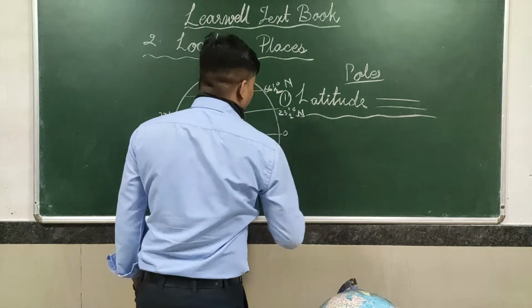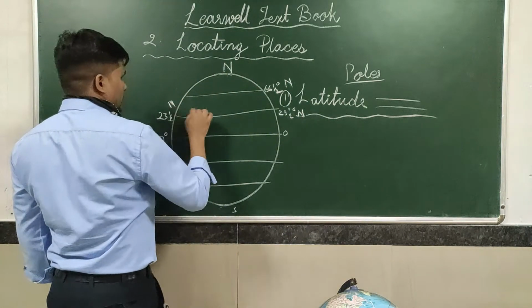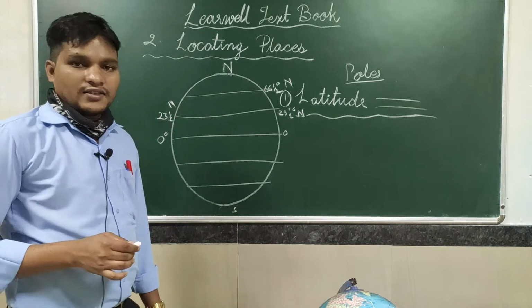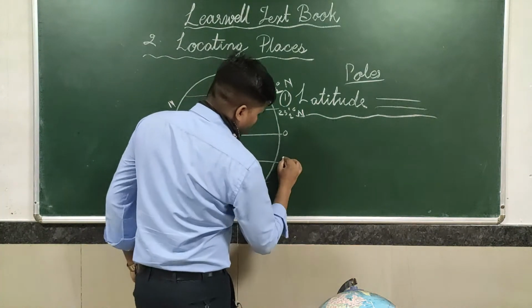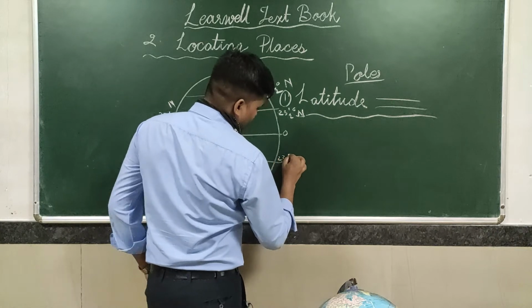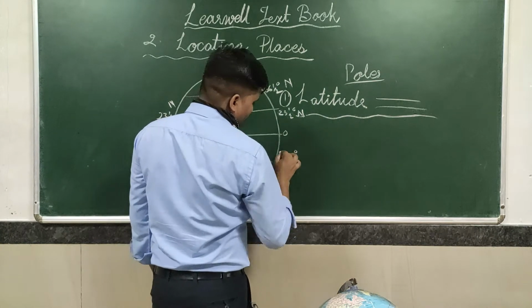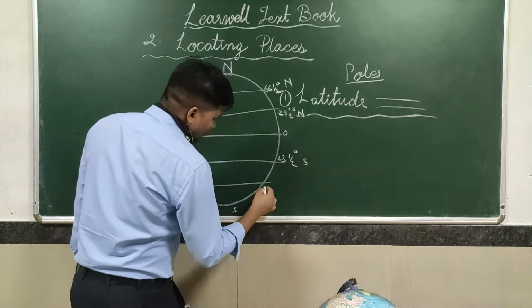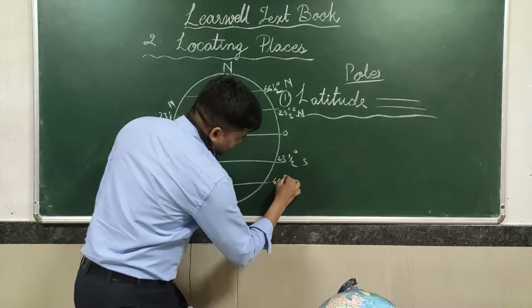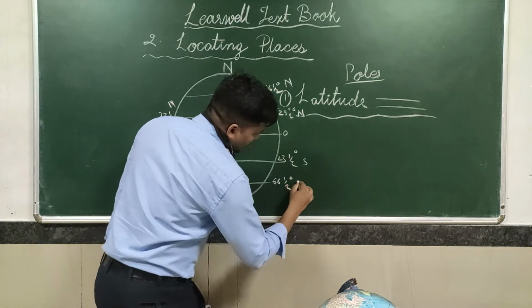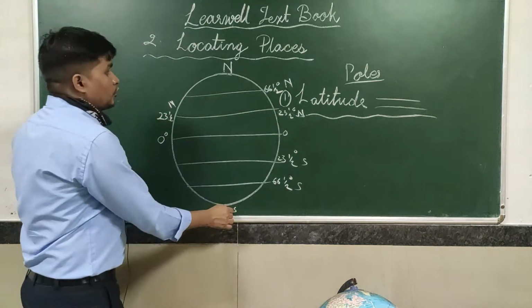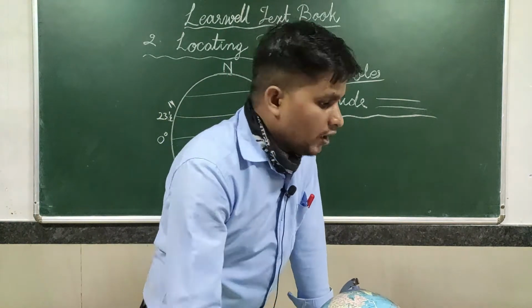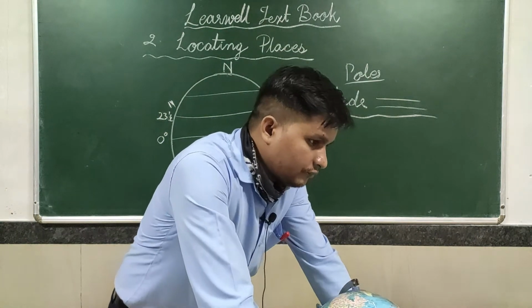This is also north latitude. And on the bottom side, the same: 23.5 degrees south latitude. Here 66 and a half degree south latitude. This is the South Pole and this is the North Pole. Just keep in mind and understand properly what I am teaching you.